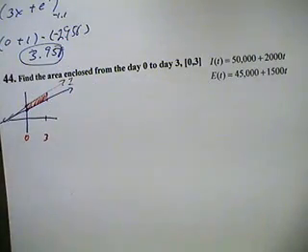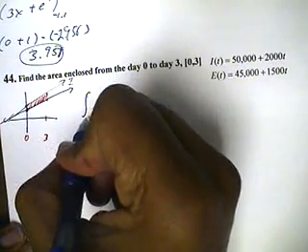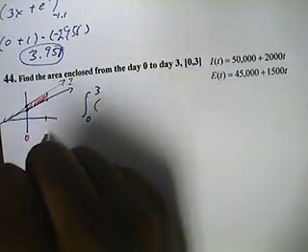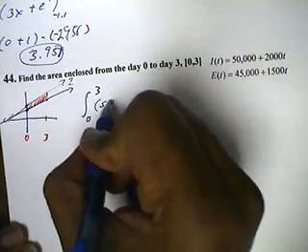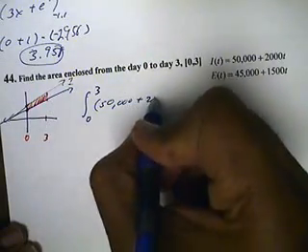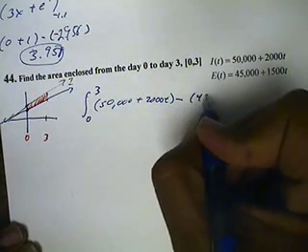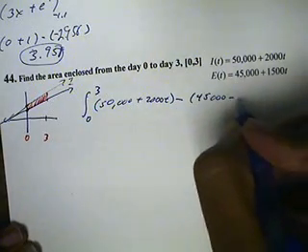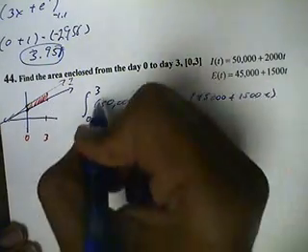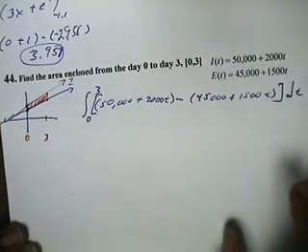So that means I have to take the integral from 0 to 3 of the upper function, which is 50,000 plus 2,000t, and I'll need to subtract the lower function, which is 45,000 plus 1,500t. Let's put all that in brackets, and dt.